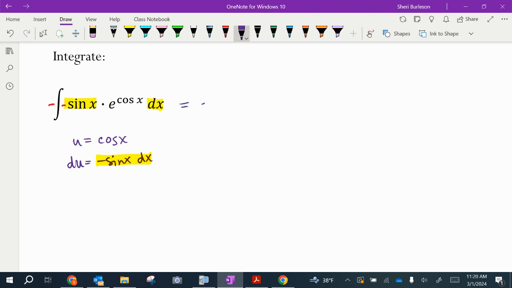So I have the opposite, or the negative, of the integral of e to the u du, which is going to get me the negative of e to the u plus c, which gets me the negative of e to the cosine of x plus c.